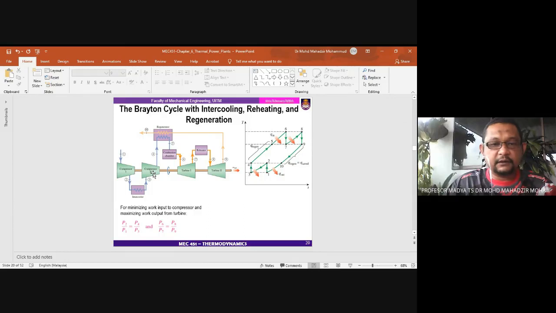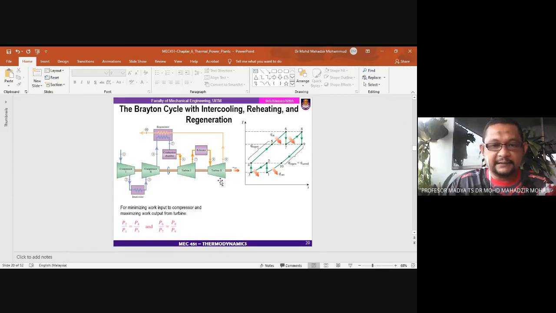Compressor 1 is also named the low pressure compressor. Compressor 2 is also known as the high pressure compressor. For reheating, we put a device called a reheater in between turbine number 1 and turbine number 2.